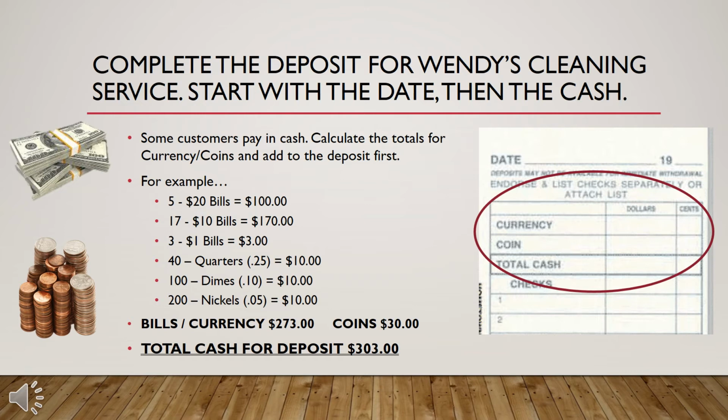And then you will add the coins and the currency together to get the total cash for this deposit. In the example on the screen, you have $273 in currency, $30 in coins. The total of that will be $303. On the deposit slip you will use, it's called a subtotal.